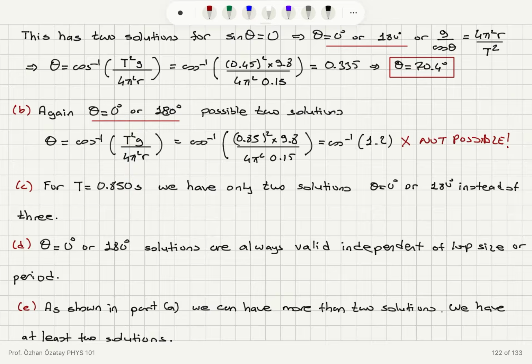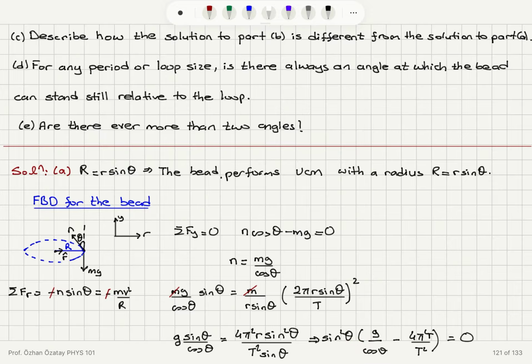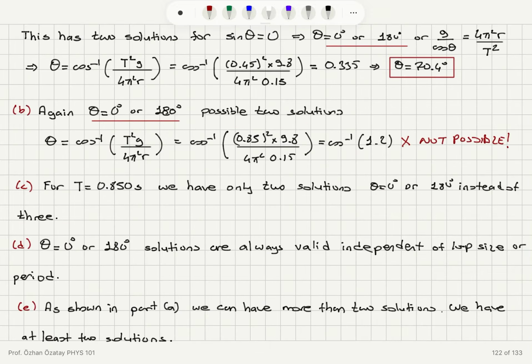These two solutions are always possible because they're independent of the quantity in the parentheses. For a certain period those are the only two possible solutions, because the quantity in the parentheses is greater than 1, and cosine inverse of a value greater than 1 doesn't exist. So we see that we have at least two solutions, and we can have more than two solutions depending on the period and the size of the loop.